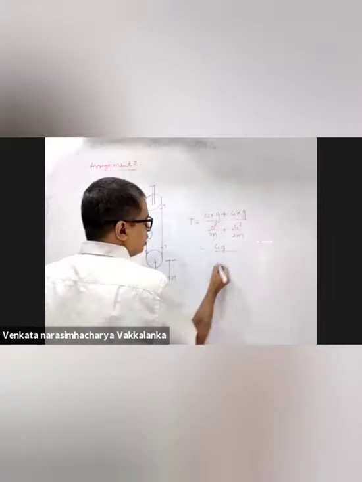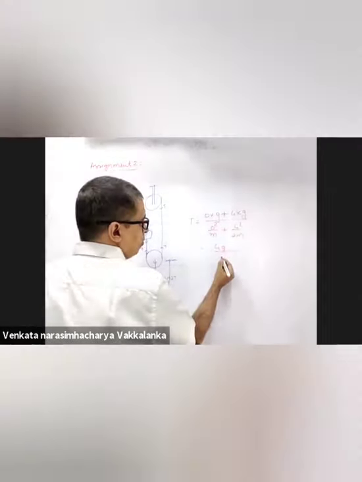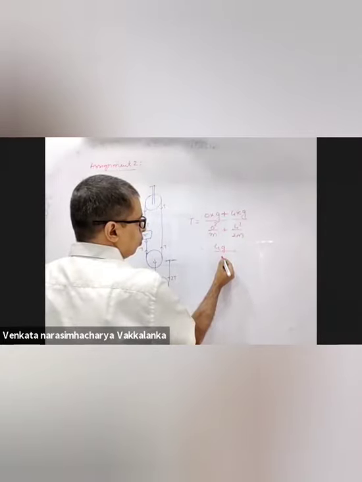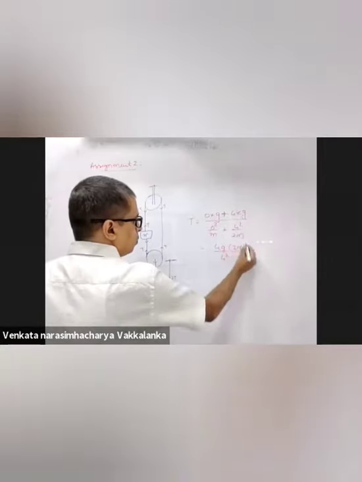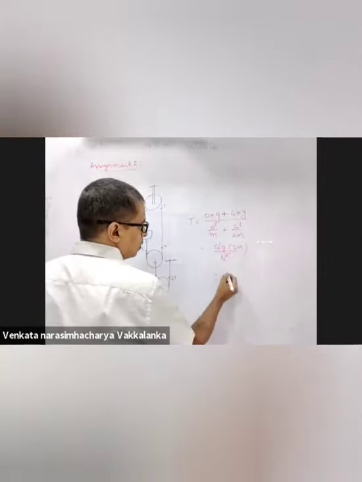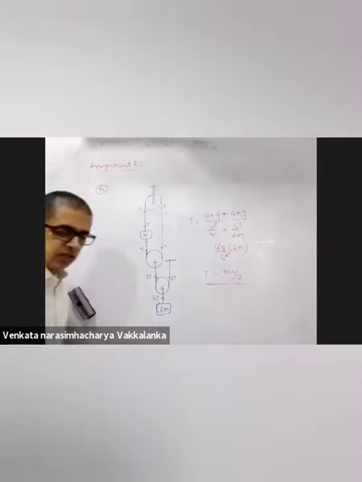I'll get 4g by 16 by 2. mg by 2 is the value of tension that I'm getting.